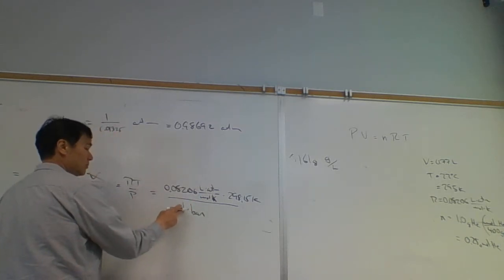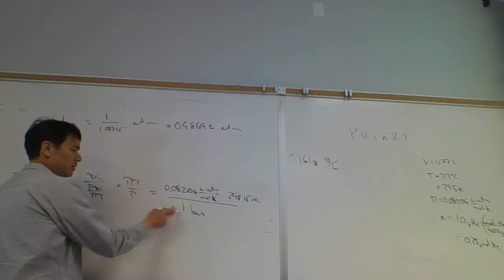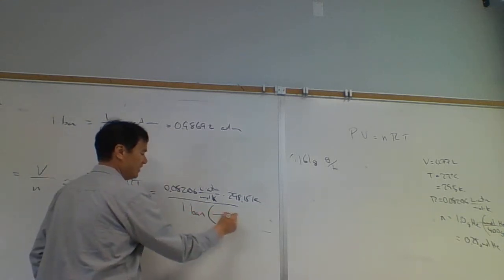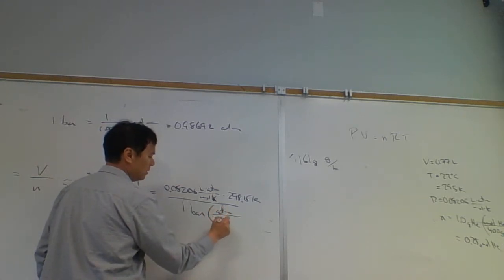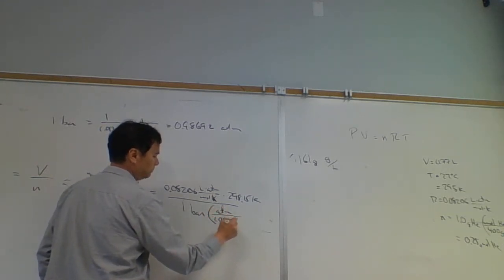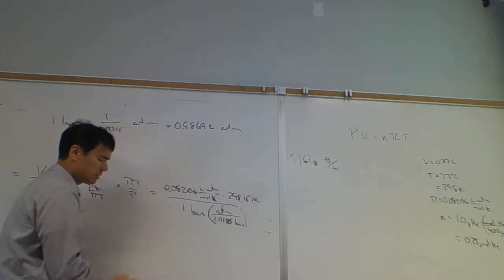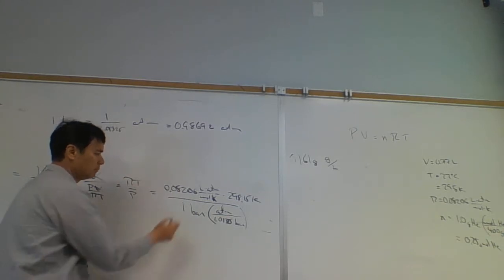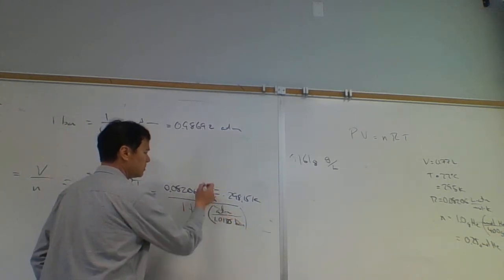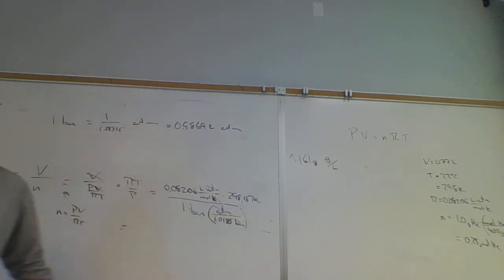I don't know, for some reason I put it in the numerator. P goes into the denominator. This is 1 bar. Now I'm going to convert it. 1 atmosphere is equivalent to 1.01325 bar. I'm using this many sig figs because I have it memorized like that and I don't want to round it. So bar cancels bar, atmosphere cancels atmosphere, Kelvin cancels Kelvin. That gives me liters per mole.